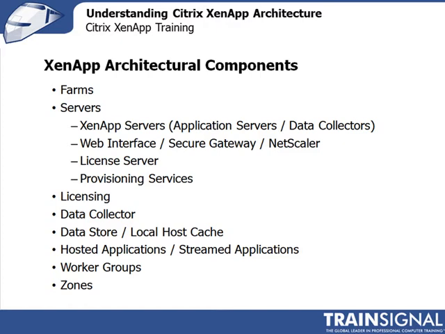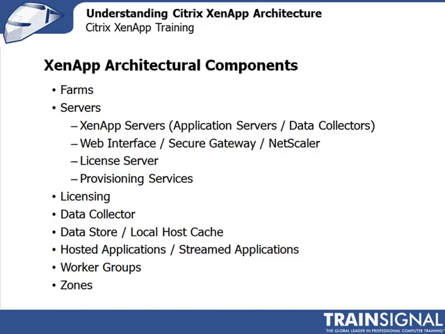The reason for the local host cache is if the XenApp servers lose connectivity with the database server, the data store, they can continue to function off of the locally available minimized version of the database. So the local host cache bridges the gap between the outage of the XenApp servers' connection to the data store and until you bring back your database server. It always has that local database that it can reference, which has a subset of the database on the data store.